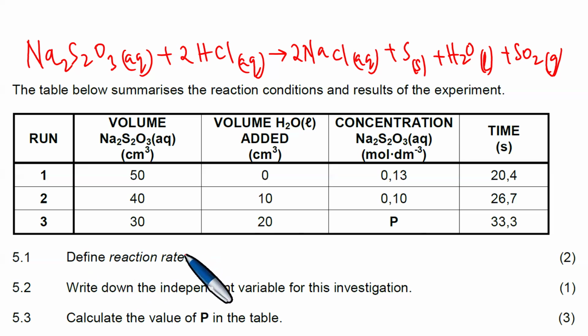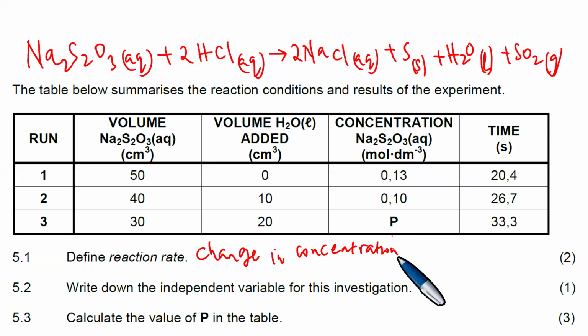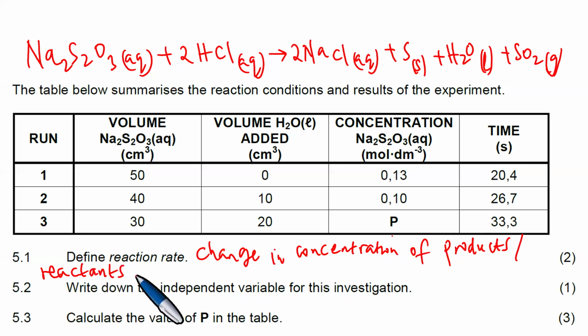You can then say that it is the change in concentration of products or reactants per unit time. Right. Okay, continue.